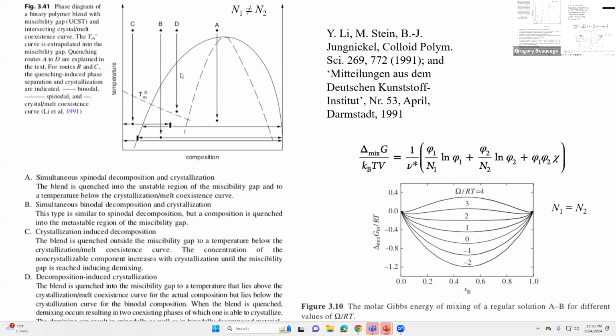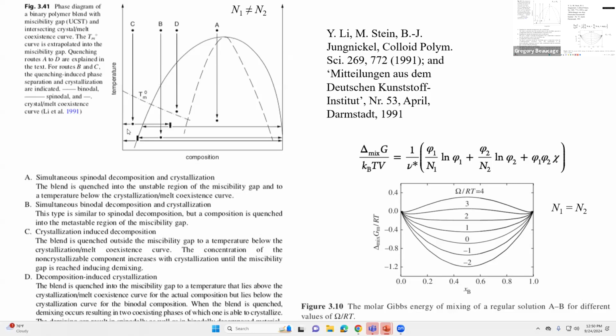If you're in the binodal region, then it's going to make nucleation domains. It's going to nucleate phases at spots where there's dirt, so we'll make little spheres, kind of polydispersed spheres. If you go over here and quench it down here, it first forms those little spheres, and then it makes spheres by shifting over to that phase and that phase. As you decompose it, it changes the composition of the two phases. At some point, the left-hand phase is going to crystallize when it goes below the crystallization temperature.